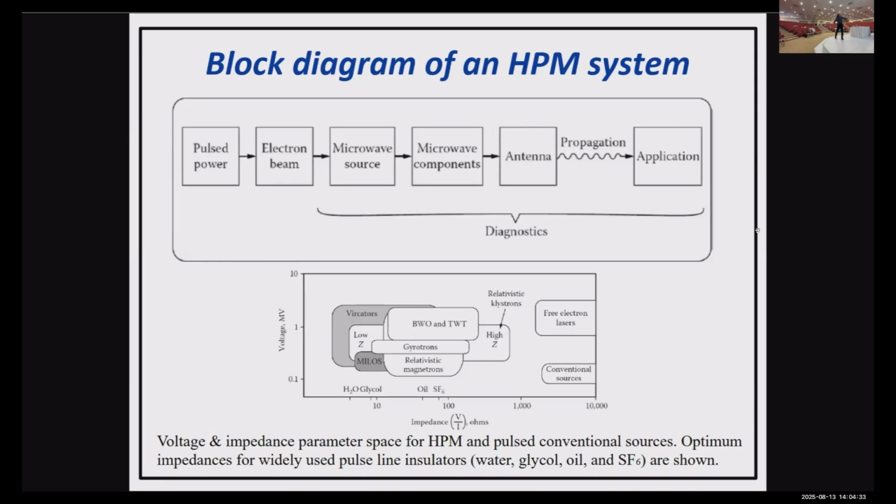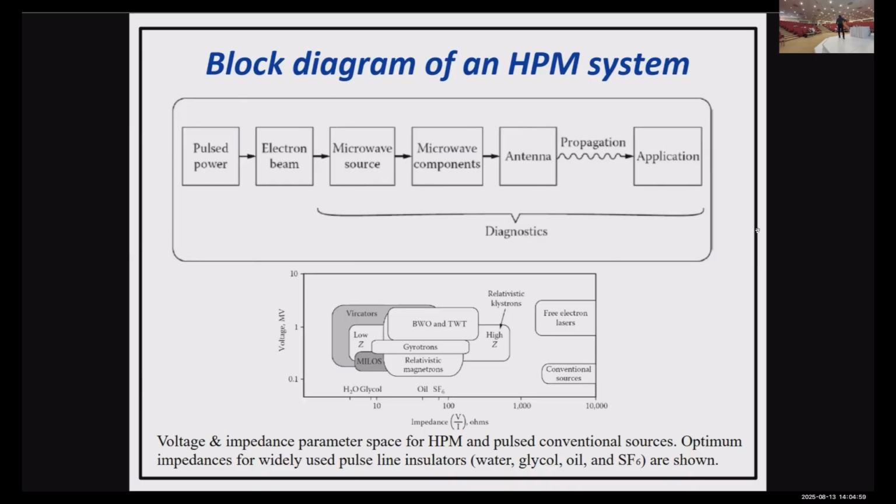Now, on this graph here, you will see the conventional microwave devices. Usually, they can push to subrelativistic energies, MeVs, but the current is relatively smaller, and these sources will have high impedance, basically.